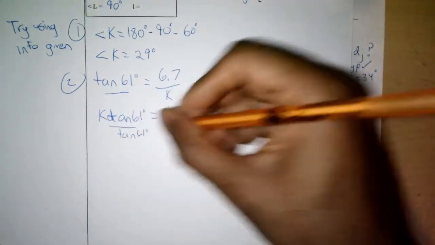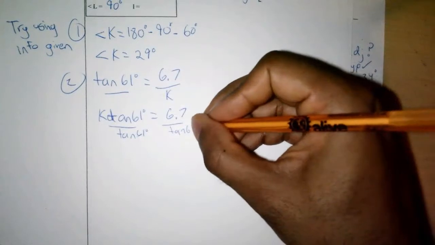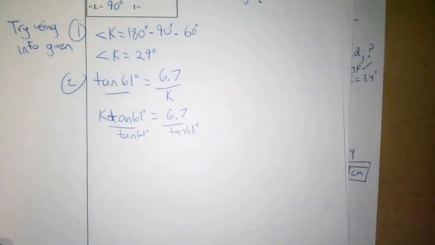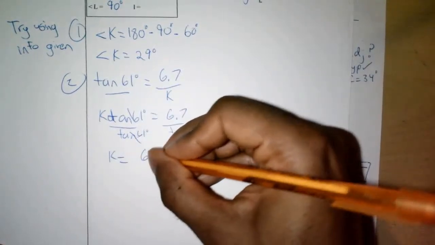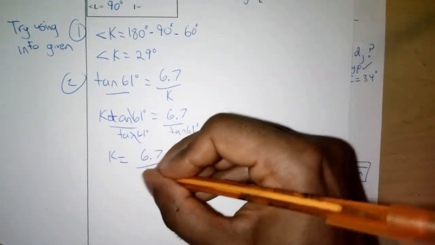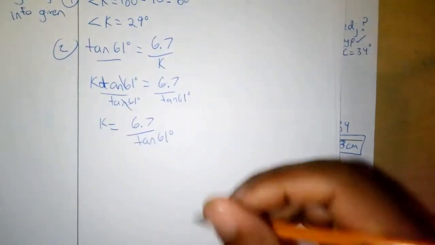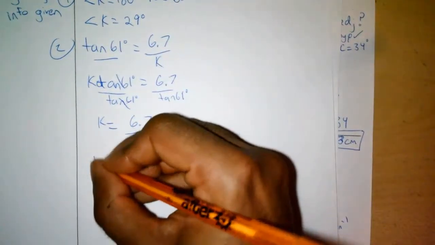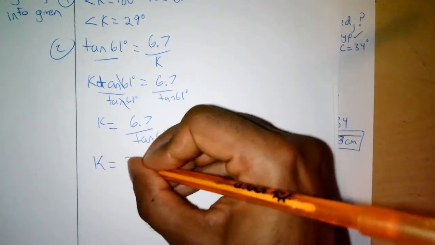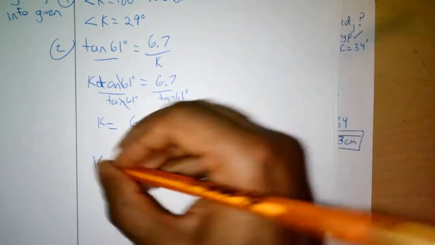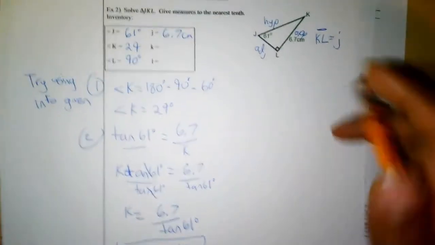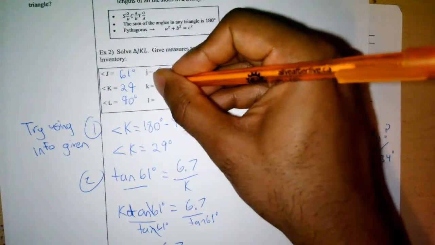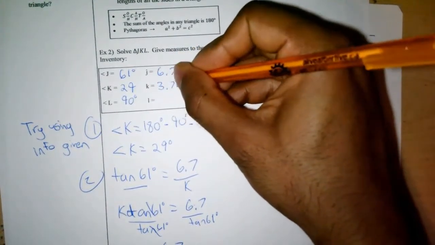And I'm doing it in a couple steps. And again, you could do this in one step, but I'll just go step by step so people don't get confused. This crosses out, and to rewrite it, I'll just do K equals 6.7 divided by tan 61, right? And from here, you just put this into your calculator and you'll get K equals 3.714. Okay, so we got that. So we can add that to our list of items that we've solved, 3.714.